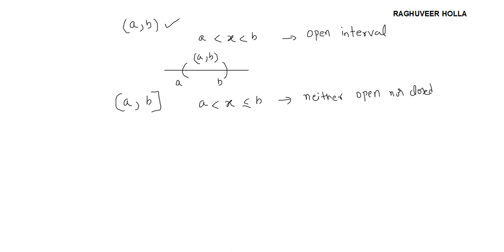This is how it looks. This is A, this is B, and this is (A, B].